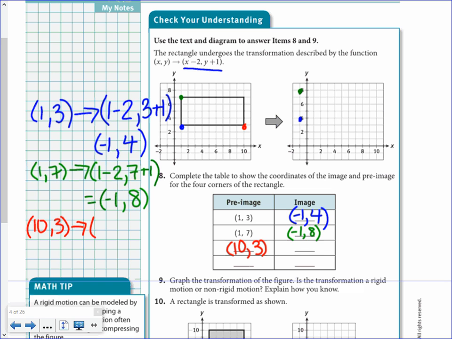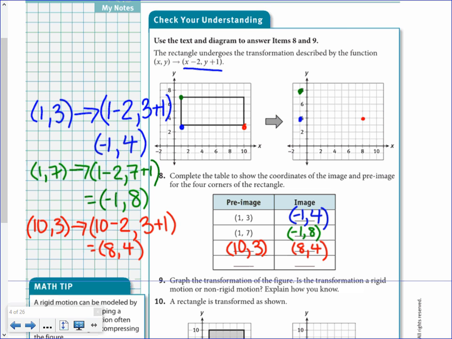Your x value is 10, and your y value is 3. That gives the point 8, 4. So on our image, we're going to end up at 8, 4 for our bottom right corner.